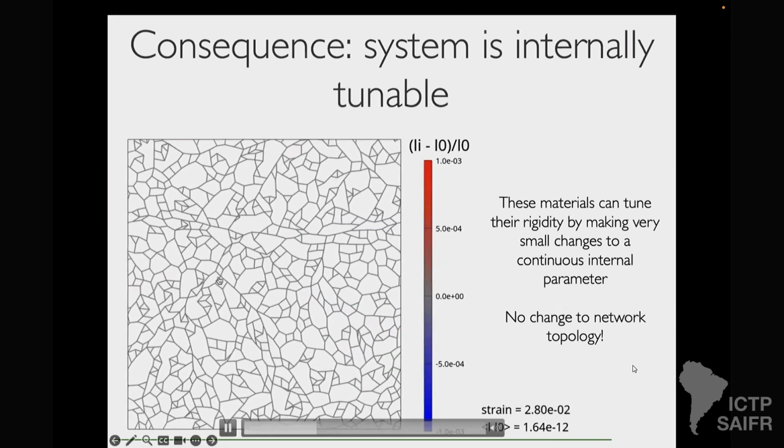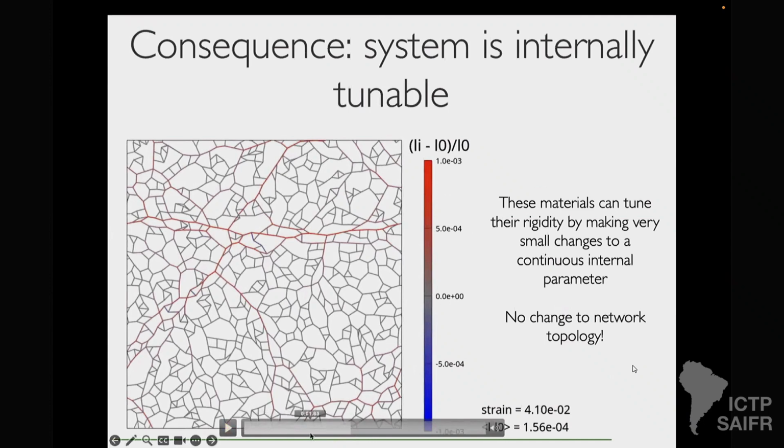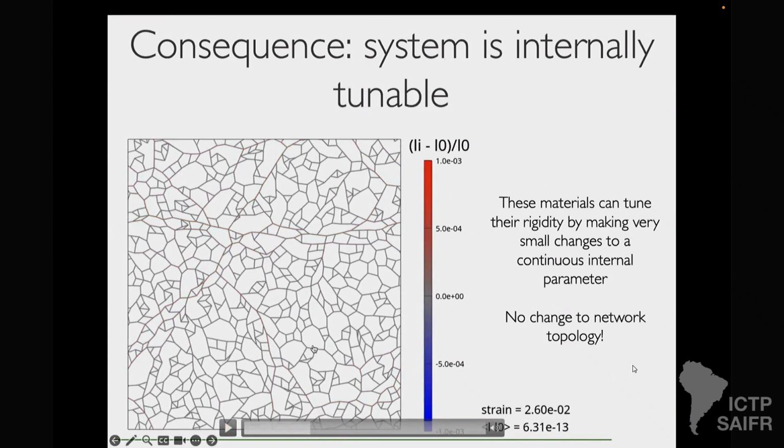Here's a video. Let me tell you what I'm doing. I'll pause here. In this simulation, you're just changing the internal rest lengths of all of the springs, making them smaller and smaller, until all of a sudden you hit a point where the system becomes rigid.